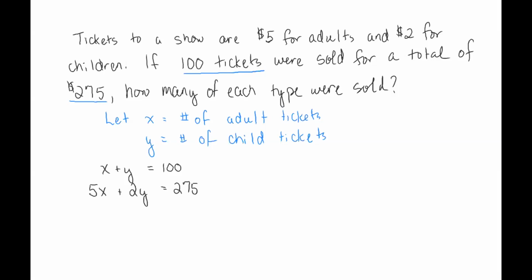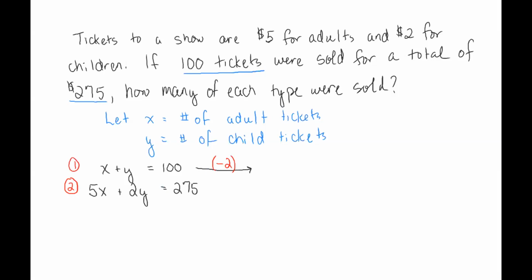Then to solve this, I'm going to say, okay, here's my first equation. And we'll number these again. In order to eliminate a variable, I can decide to eliminate X or Y, and it's totally up to you. I like to keep numbers smaller, so I'm going to eliminate Y, and I'm going to do that by multiplying this equation by -2.